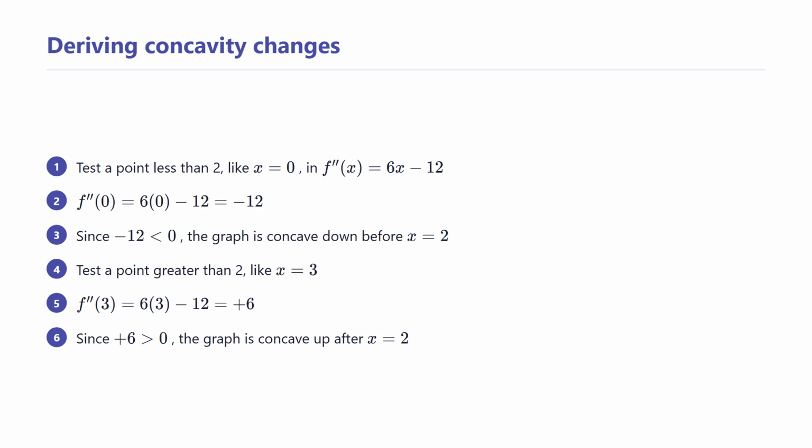Next, we test a point greater than 2, like 3. This gives us positive 6. Since this is positive, the graph is concave up, holding water like a cup after x equals 2. The point x equals 2 is exactly where the curve changes its fundamental shape.